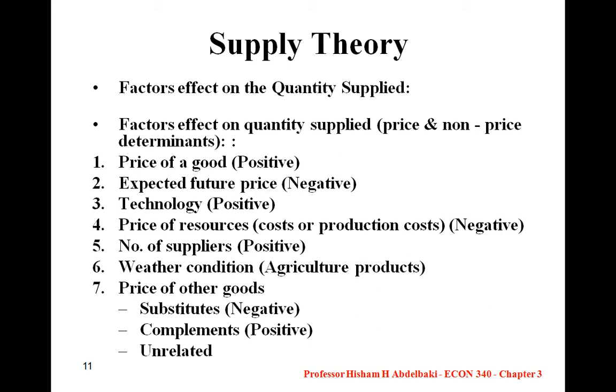First is the price of the same good. If price increases, this will lead to an increase in your total revenue as a supplier, so an increase in your total profit. So it's better for you to increase your supply to get more profit. So it is a positive relationship: higher price of the good, more supply.